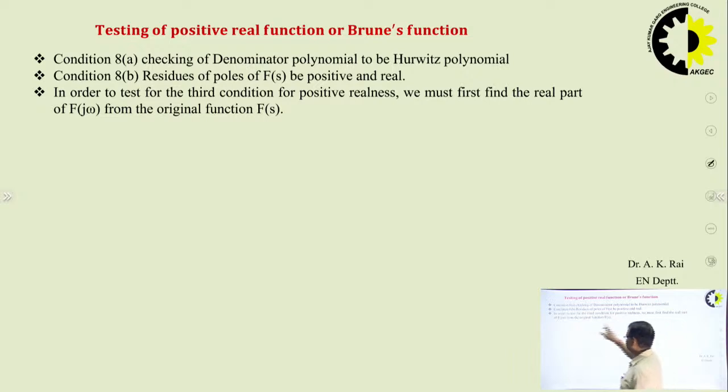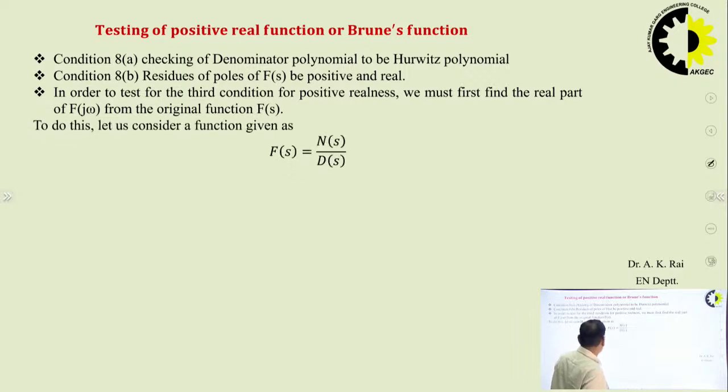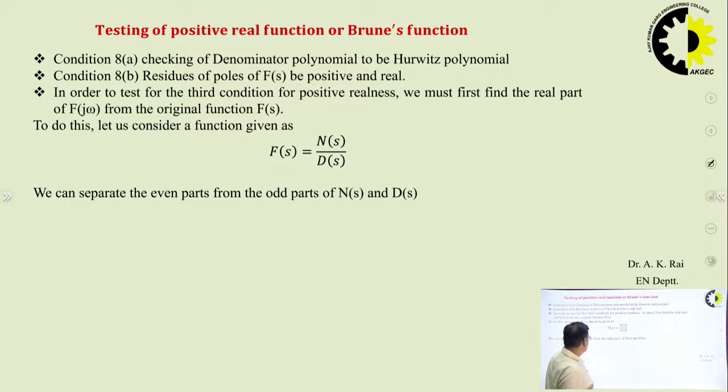We just take the real part of F(s). Suppose this is the given network function, F(s), having a numerator polynomial in s over a denominator polynomial in s. We separate the even and odd parts of the numerator as well as the denominator polynomials. So this is (m1(s) + n1(s)) over (m2(s) + n2(s)).